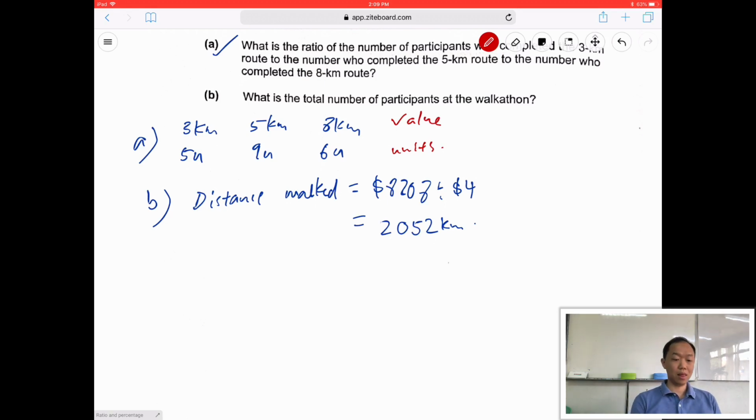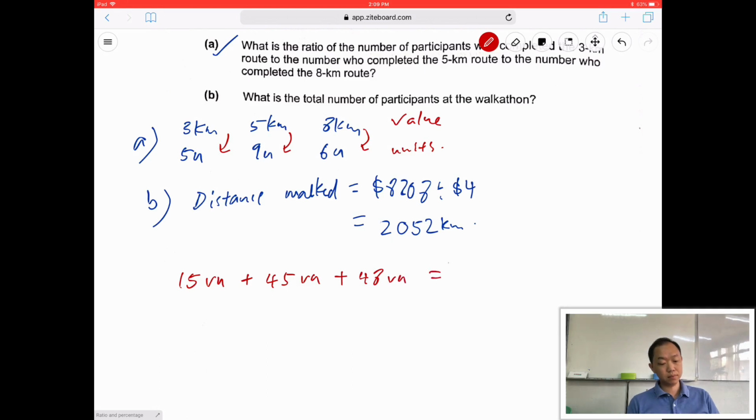Value times units. 3 times 5 is 15 VU, plus 5 times 9 is 45 VU, plus 8 times 6 is 48 VU. 15 plus 45 plus 48 is 108 VU.